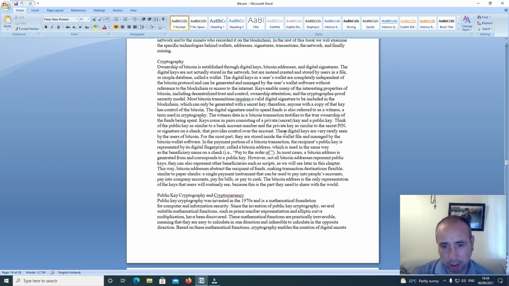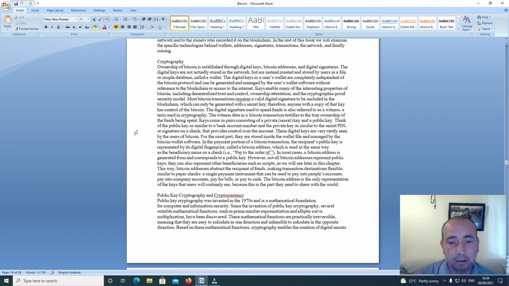Therefore, anyone with a copy of that key has control of the Bitcoin. The digital signature used to spend funds is also referred to as a witness, a term used in cryptography. The witness data in a Bitcoin transaction testifies to the true ownership of the funds being spent.